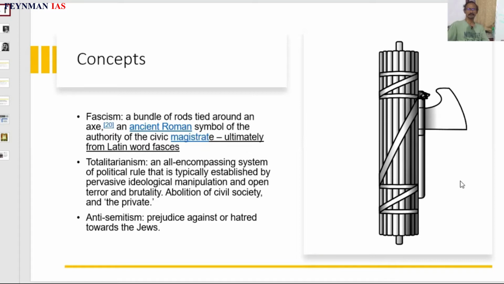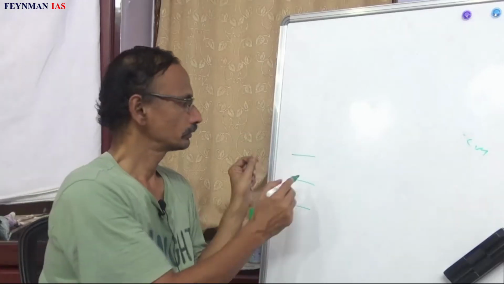So what is this idea? The idea is that each rod is weak, each one.